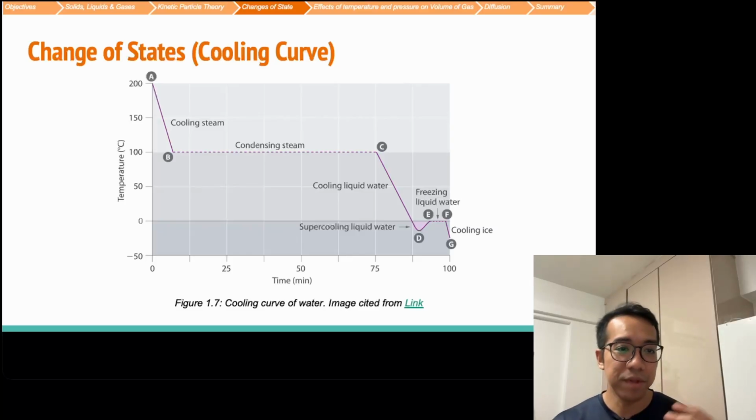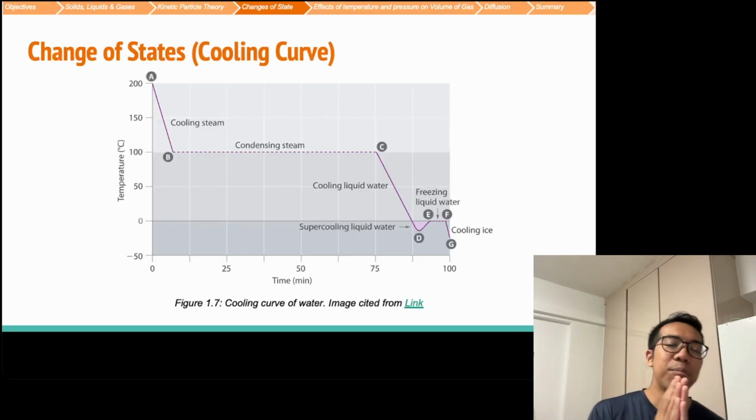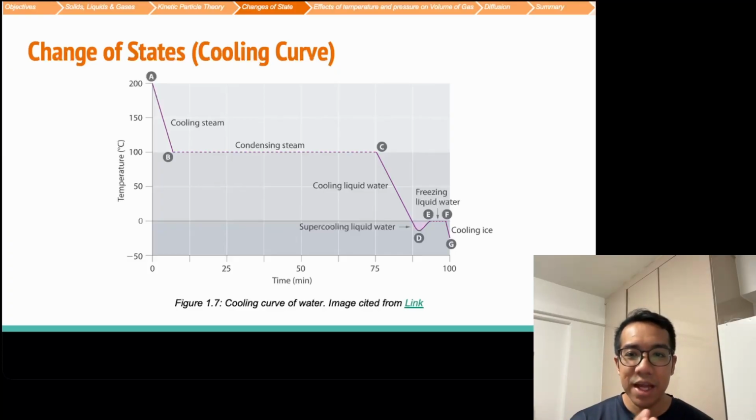So cooling curves is basically just the opposite. Again, the temperature will remain constant between B and C and E to F as well. So basically what they are saying is, for example, freezing liquid water, the moment it reaches F is when every last bit of liquid in the system has frozen. And now it starts to cool down even further.